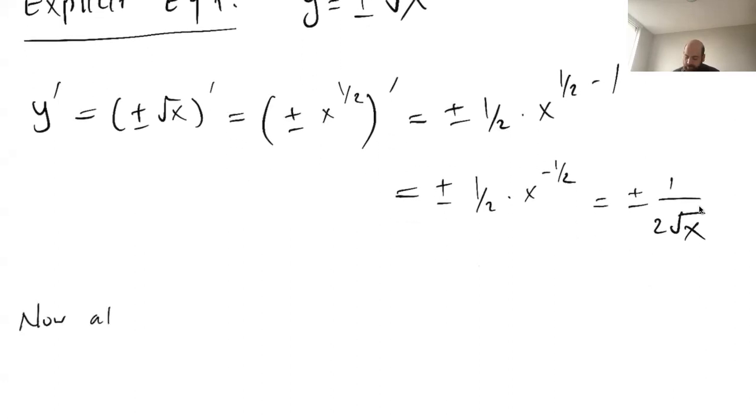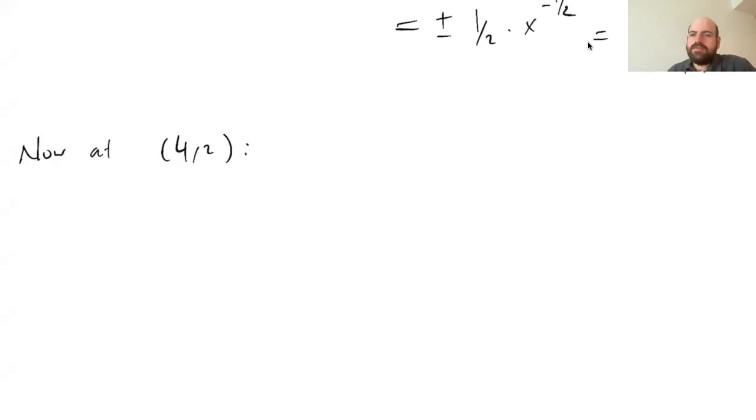Now, at the point (4, 2), x is positive and y is positive too. Because y is positive, we can say y is equal to root x around this point.